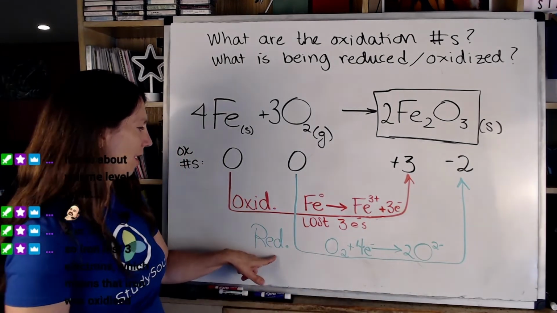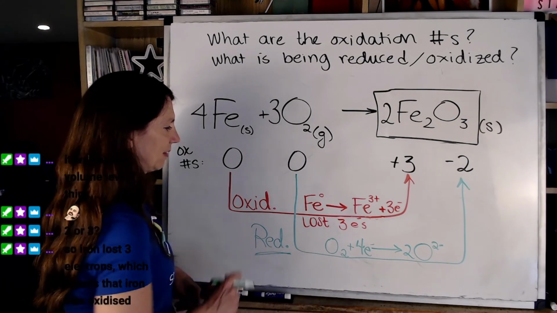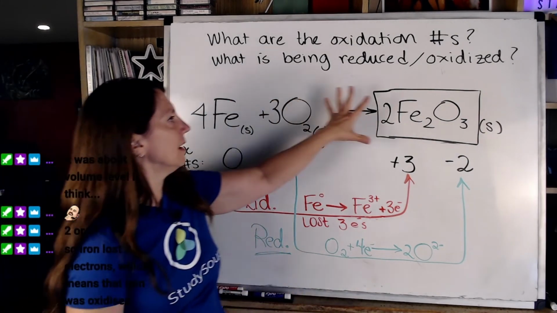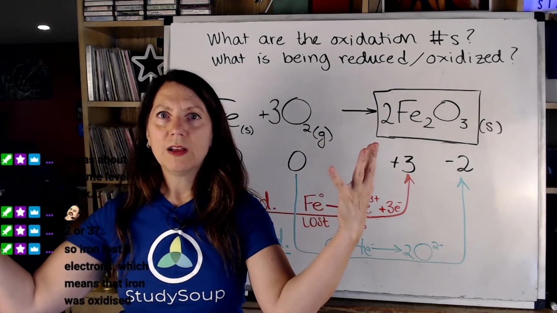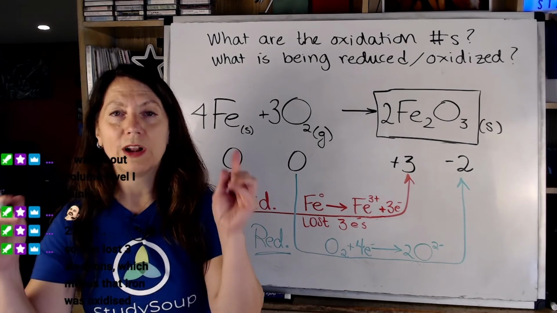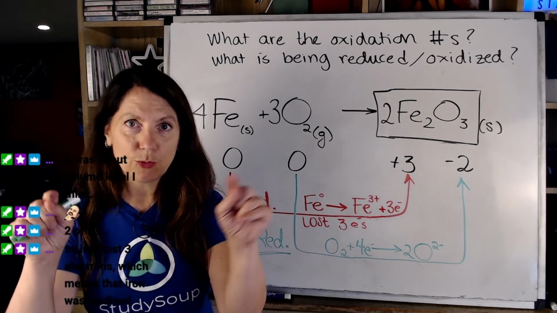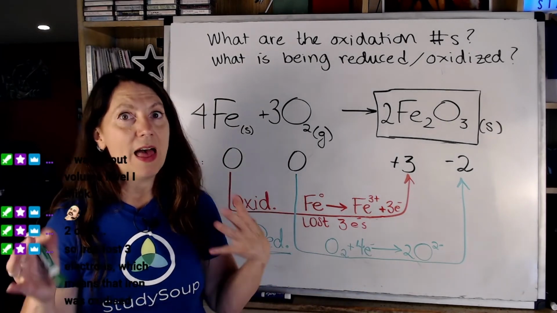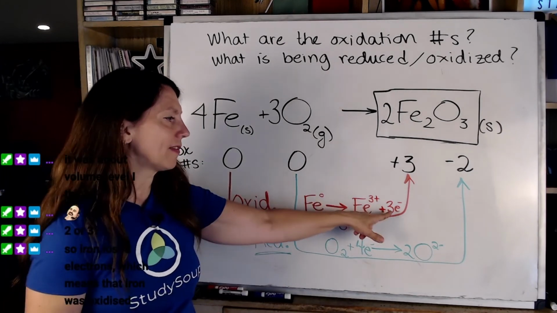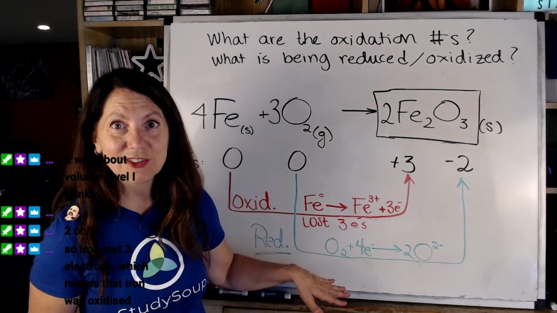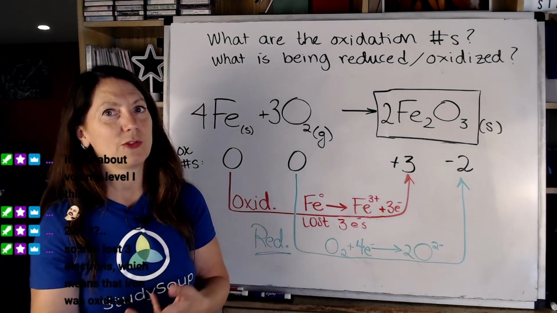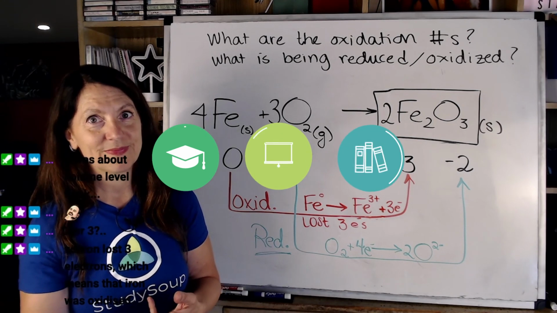And that is our reduction process. So this helps us looking at this whole chemical reaction, and then looking at what are the oxidation numbers of each one of those species, and then taking an even closer look, which one lost electrons, which one gained electrons, and then that allows us to know what was oxidized, what was reduced. Okay.